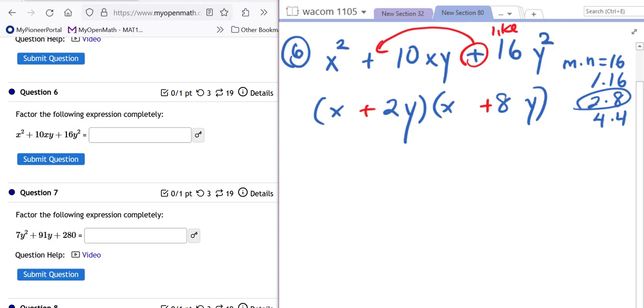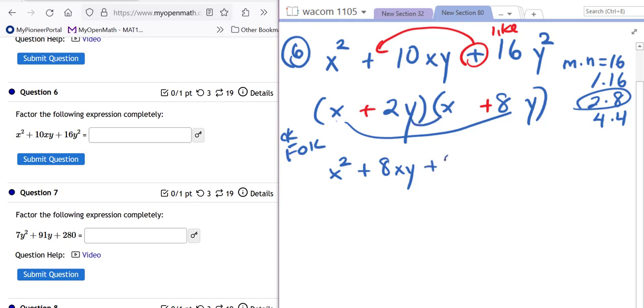All right. And I would probably do a whole FOIL here the first time just to make sure I get those extra variables. You always have that option. So we're going to do a FOIL check. Right? So first term's x times x is x squared. So we're good there. Outside plus 8xy. This is how you get the x and y together. Right?